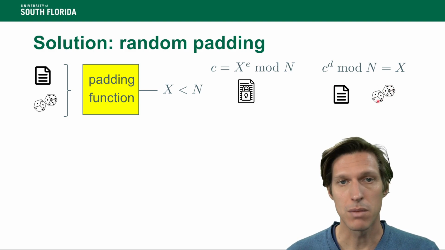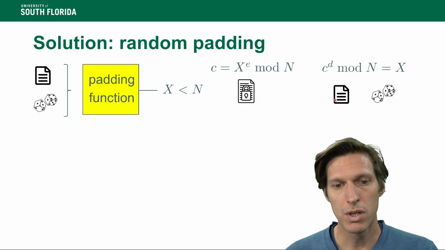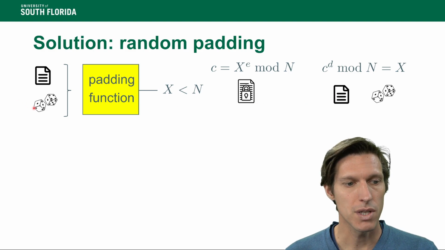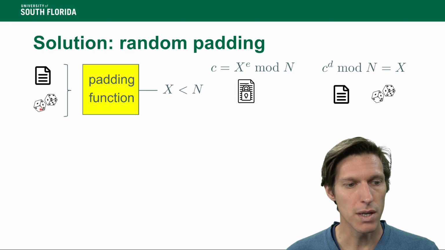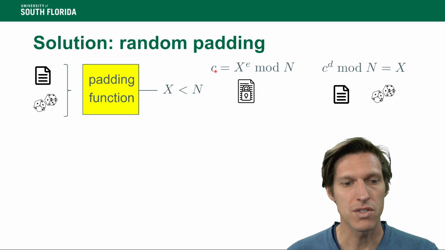The random value can be discarded as part of the decryption process because nobody cares. What really matters is that you retrieve the message. And of course, for different values of the random string that you draw before feeding it to the padding function, you'll get different values of x and therefore different ciphertexts.